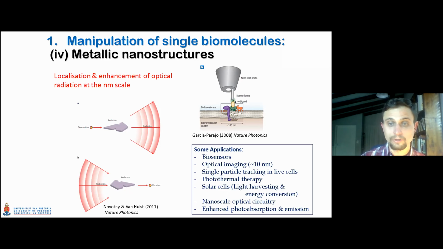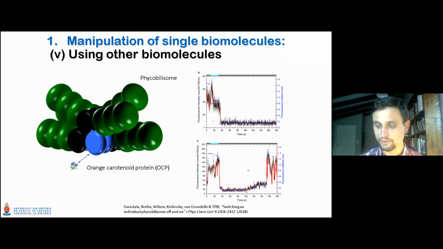Here are a few applications listed of using metallic nanostructures. Specifically, they are creating surface plasmons, localized surface plasmons, which have a very broad range of applications. You can also use some other biomolecules. This example I showed you in the first part of the talk, but now imagine using an optical tweezer or DNA origami to guide the exact positions of these molecules with respect to each other.